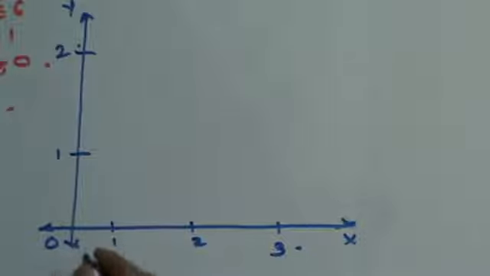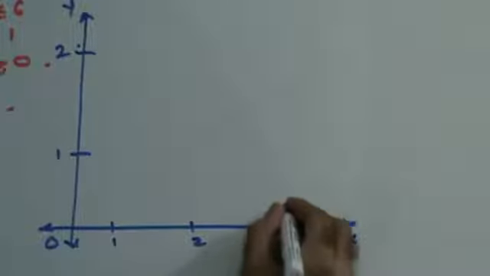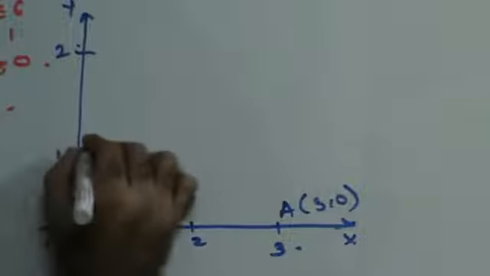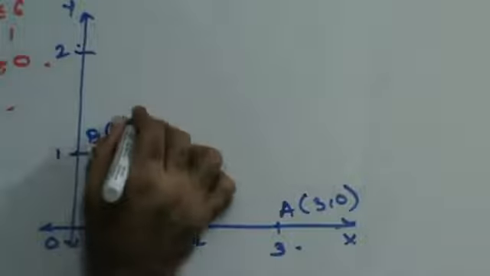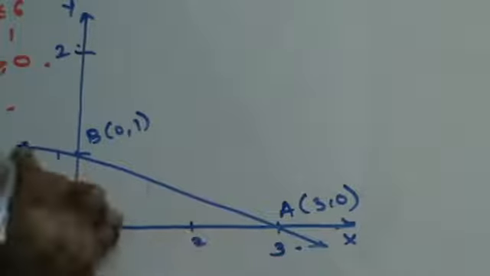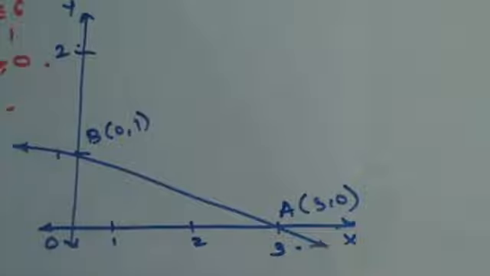Okay. Now let's see this. First point is x is 3. So this is going to be that point A, 3, 0, and y is 1, B, 0, 1. Right? So this is going to be that line.